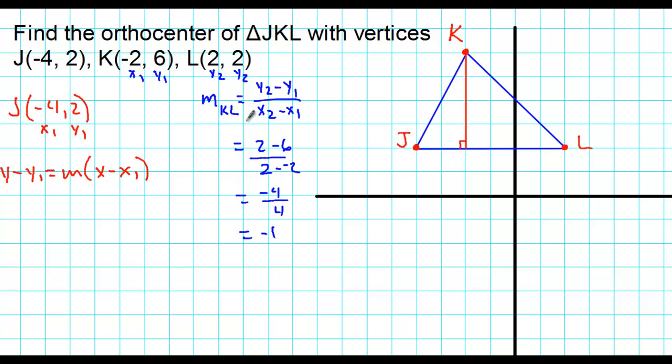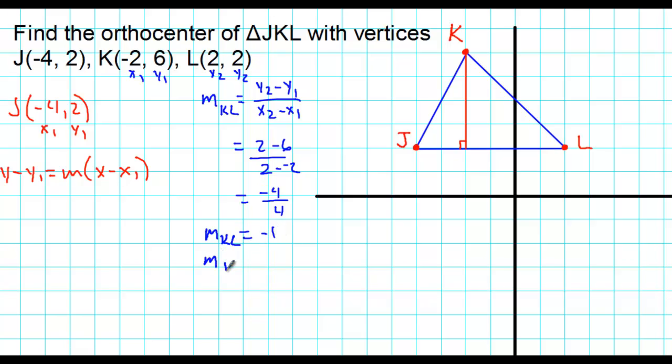So my slope of KL is -1, which you could have figured out yourself if you just would have gone down 1 over 1, down 1 over 1, down 1 over 1, like that. So the slope is -1 over 1. But let's assume you didn't do it that way and you worked it all out, and now you know how to do it. So the slope of KL is -1.